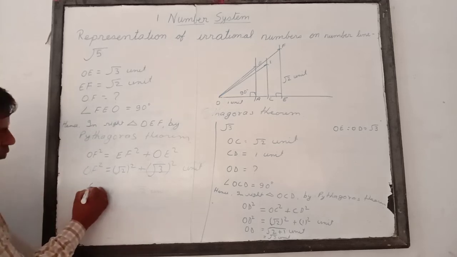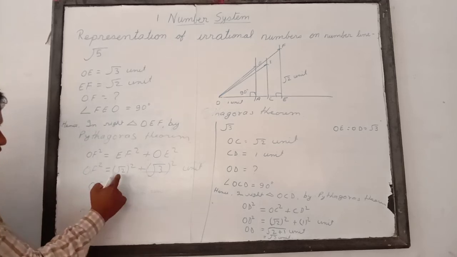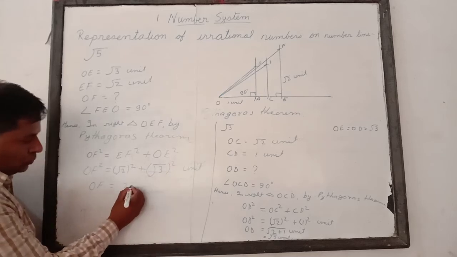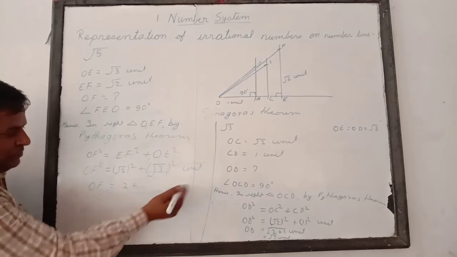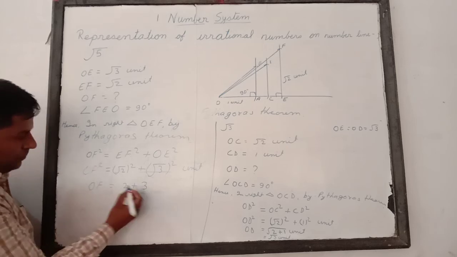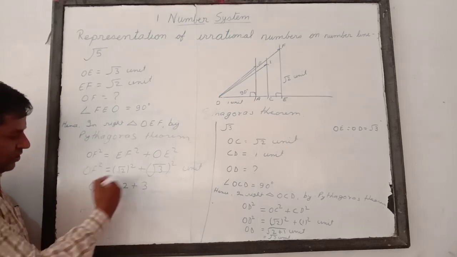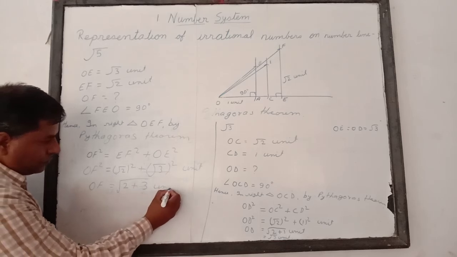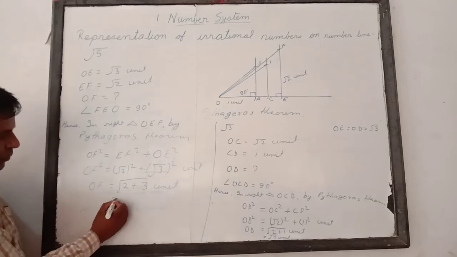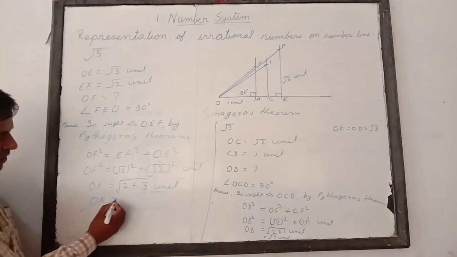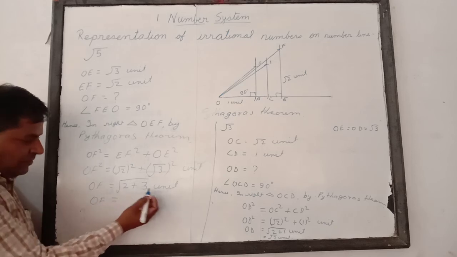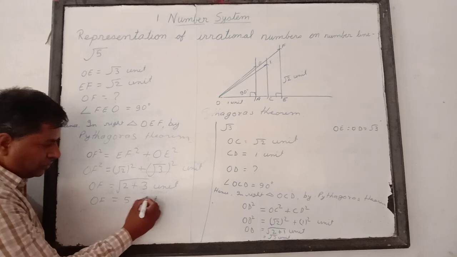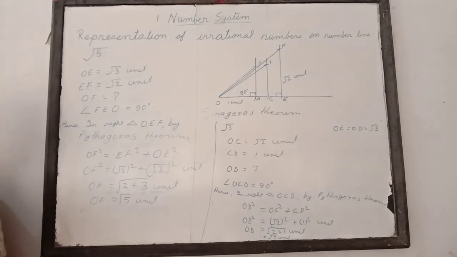Then we can find the value of OF. So OF is equal to square of root 2 will be 2, square of root 3 will be 3, and here it is square, so it will go that side and become square root. So now we have OF is equal to 2 plus 3, that is equal to 5, square root 5 unit.